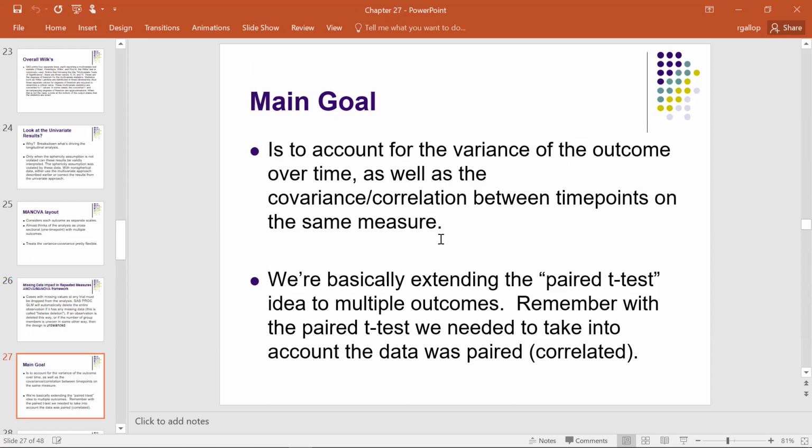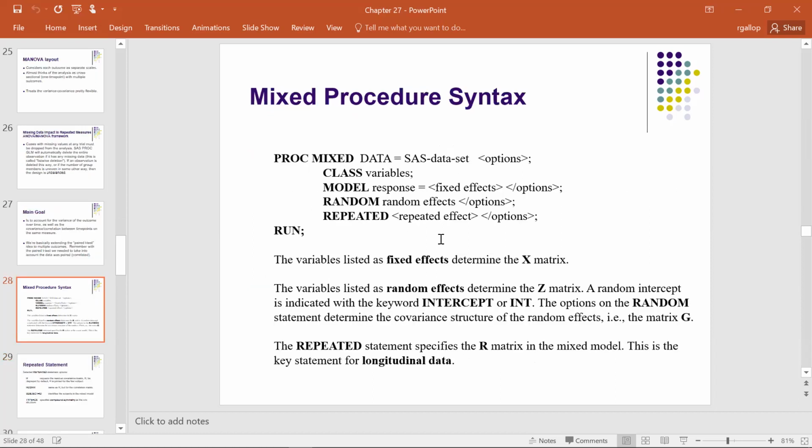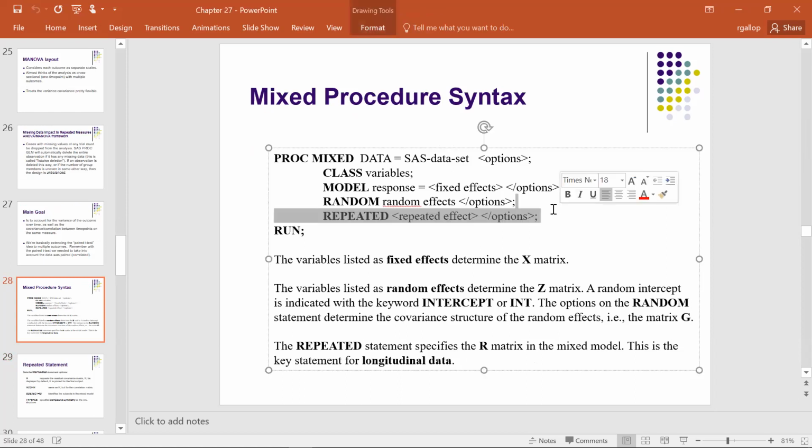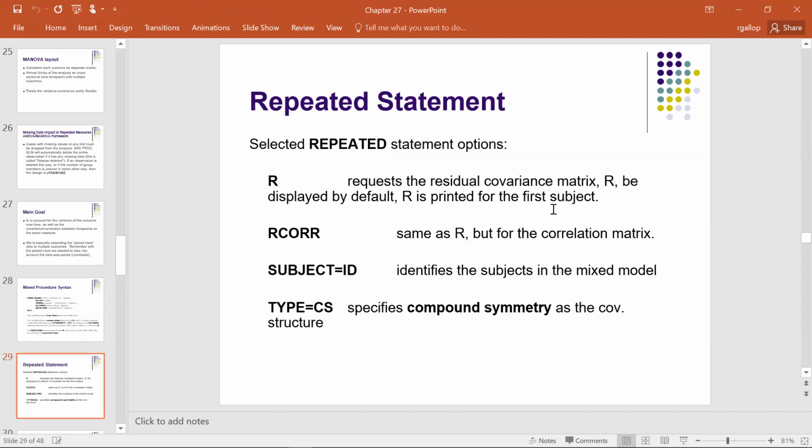So basically what we're doing is we're bulking up beyond a paired t-test. This is a key syntax. For us in this chapter, the repeated line is crucial. So the repeated line, some of the output, like I said: R prints the variance covariance matrix.